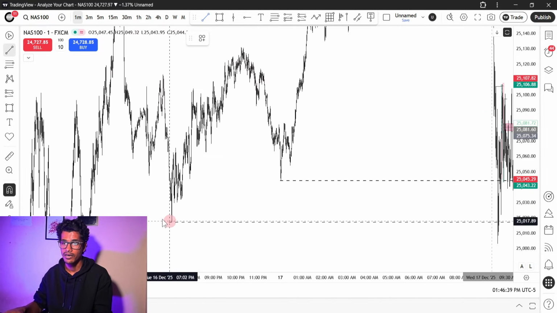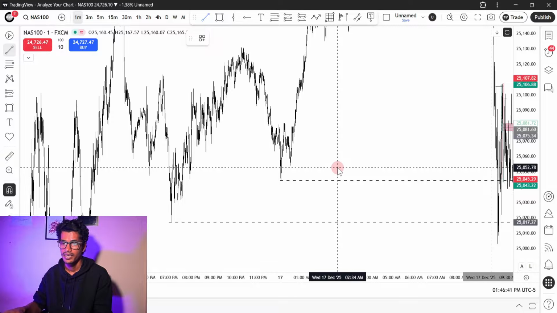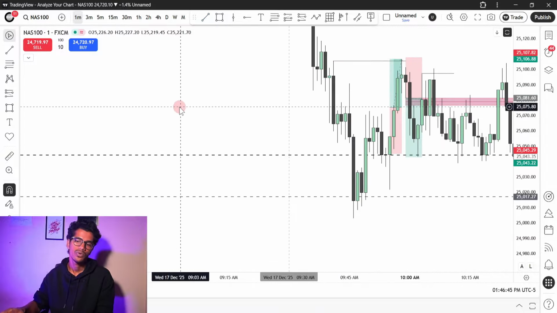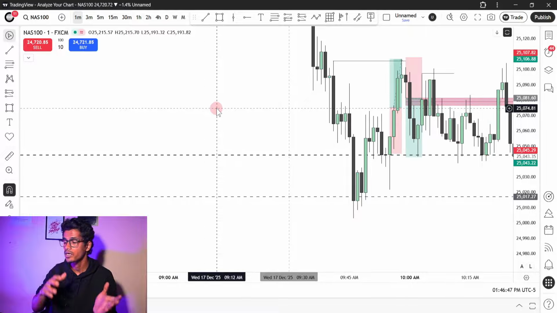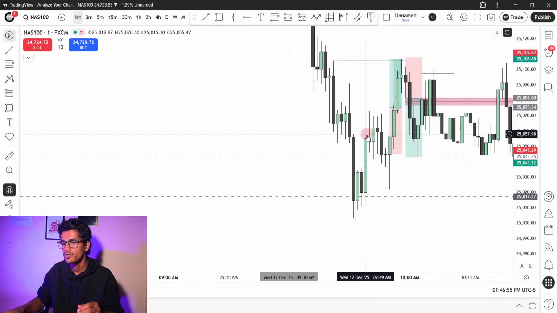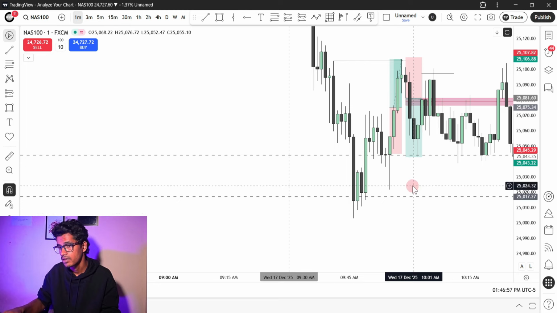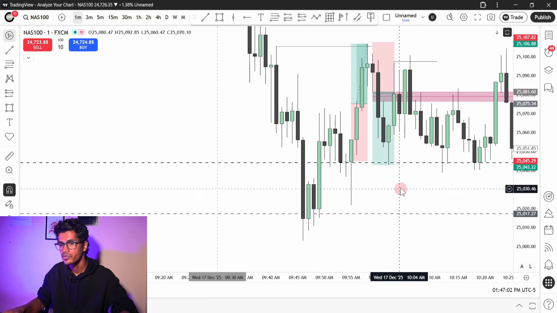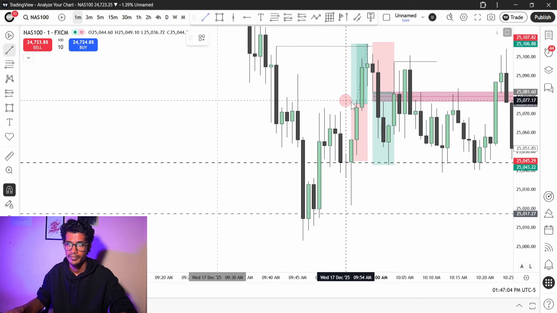After taking out these lows, what do we see? If you're bearish, what do you want to see? If we're going to continue taking out sell side, what do you expect price to do? You expect price to sweep highs and then continue going lower. But it didn't do that here.